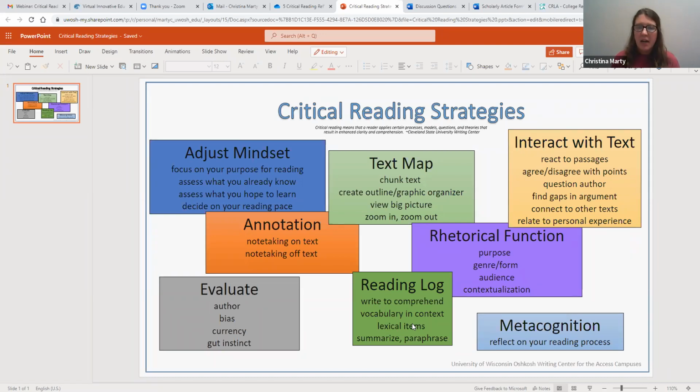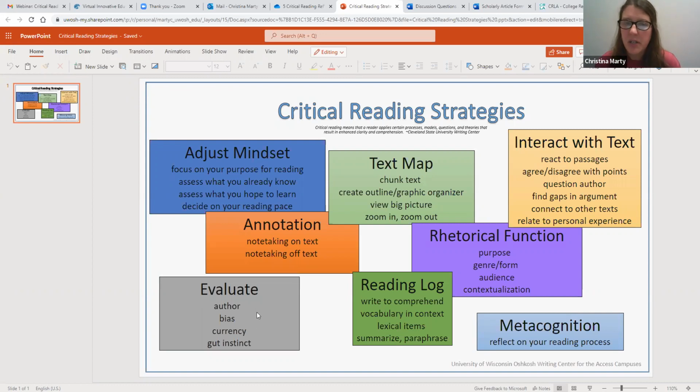This is also a good opportunity then to talk just briefly about, do you need to look up every single word? Because sometimes looking up every single word actually just can become distracting. And then you're not actually in the text, you're not making progress. The other thing too is this reading log is how using an article as a source for a paper comes into play with the paraphrasing. So that would be reading log.